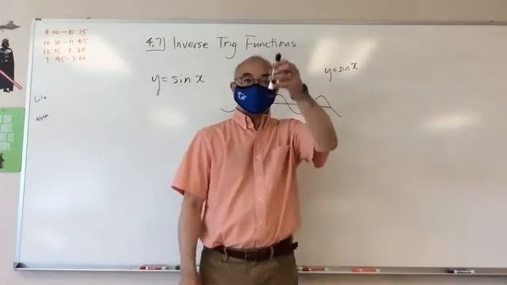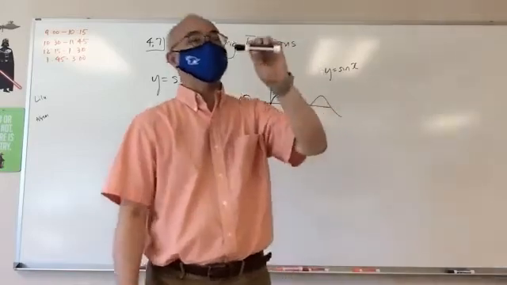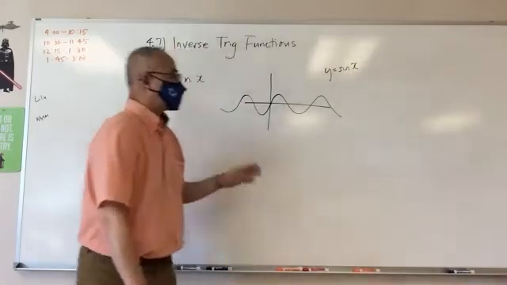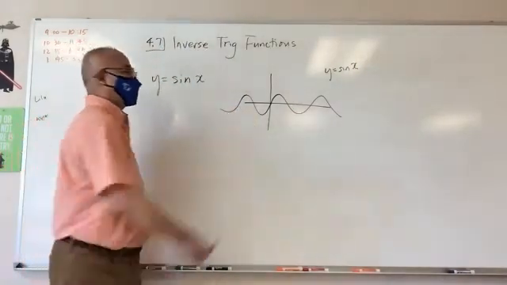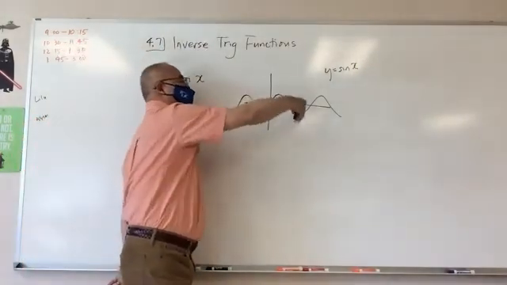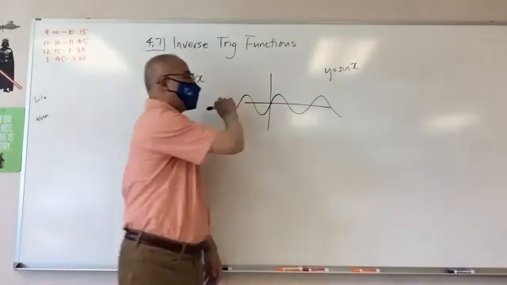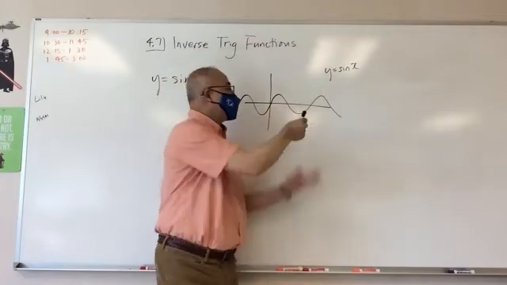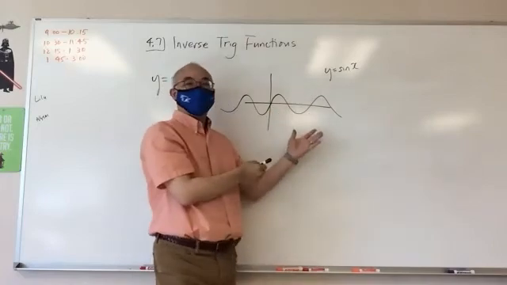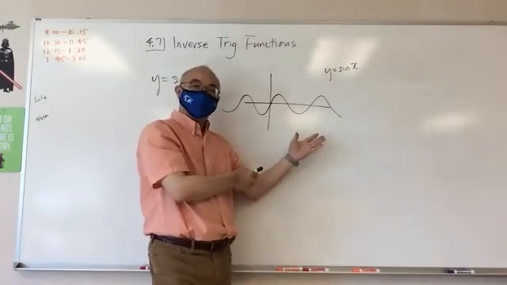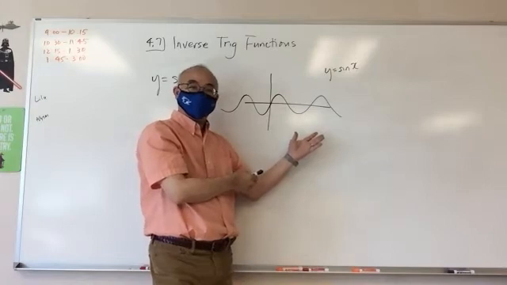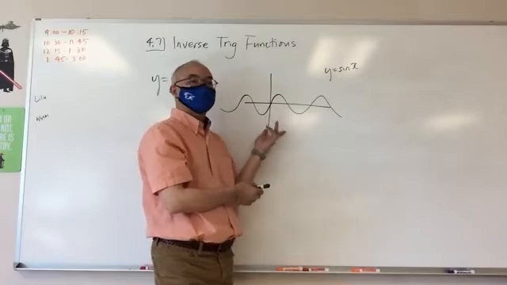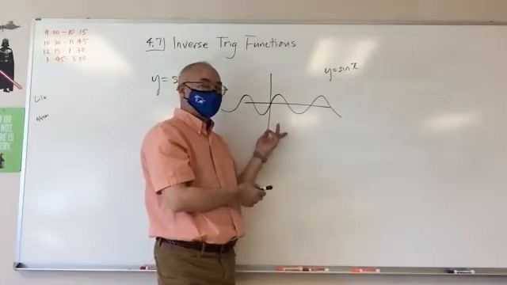Just like this function right here, it passes the vertical line test. What about the horizontal line test? It does not. So in theory, I can't have an inverse function, because it's not a one-to-one function, it does not pass the horizontal line test, okay?